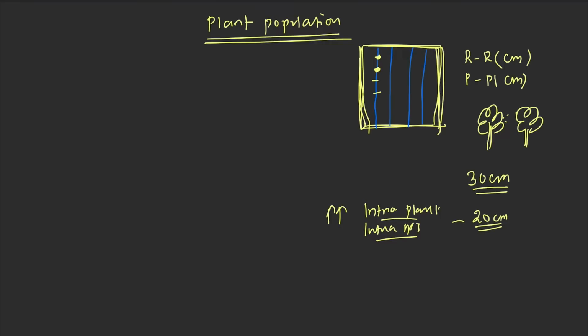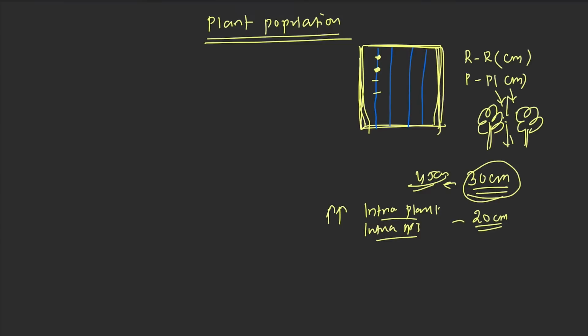Competition for different resources. So we should not go for closer spacing than the optimum. Let's say this is the optimum spacing, 30 centimeter. If we increase the spacing up to 45 centimeter, then what will happen? Then the canopy coverage will be sparse. So direct sunlight will fall on the ground, and we are not harvesting maximum sunlight. Our main aim in agriculture is to harvest maximum sunlight and to convert that solar energy to chemical energy, to organic form by photosynthetic activity.